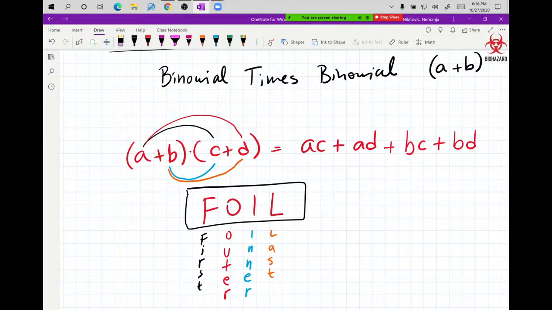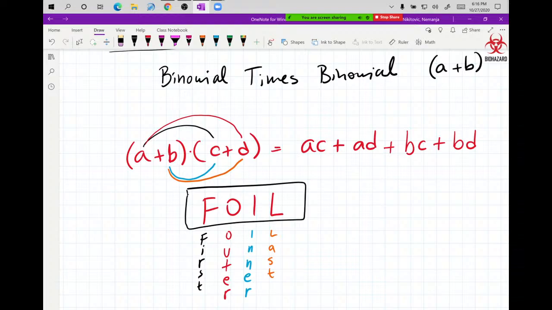So there you got a FOIL. Again, it works only for binomial times binomial, which for most part, yeah, that's exactly what we have usually. But many times you are going to see other cases as well, and the FOIL as acronym doesn't work there.